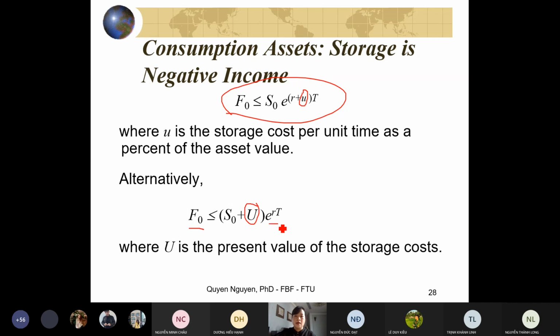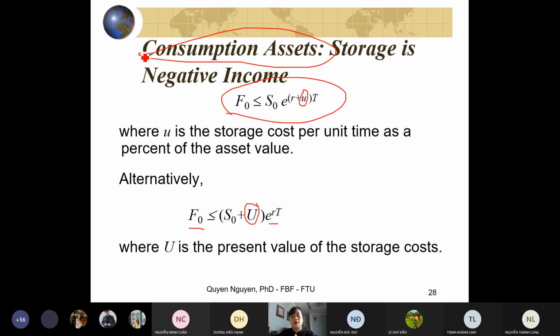Okay. And these two formulas apply to what are called consumption assets. Remember, we have already identified the differences between consumption assets and investment assets at the beginning of this session. Basically, the difference lies in the objective of holding the assets.